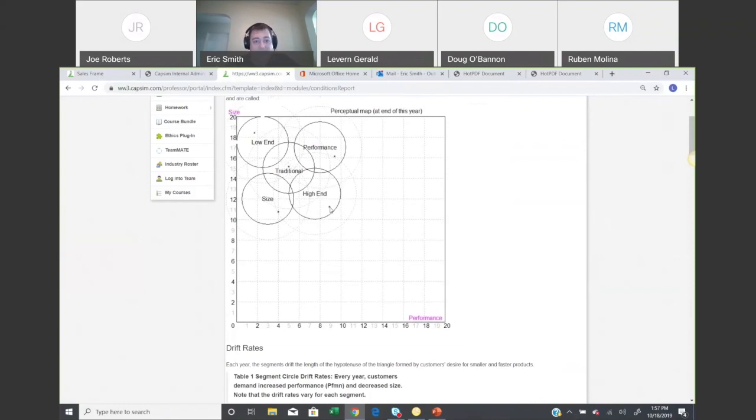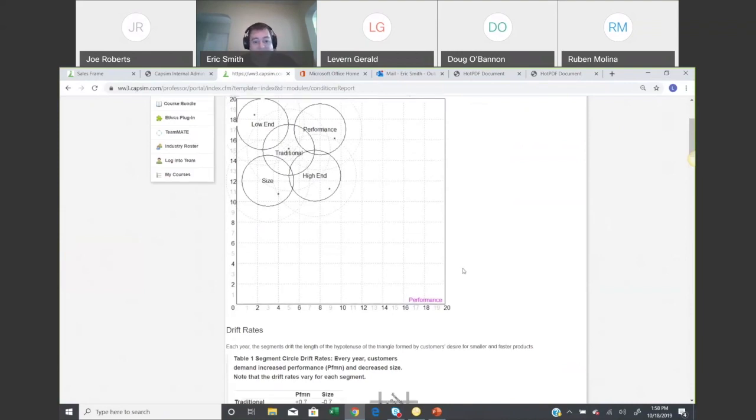That's the leading edge. In low end, it's closer to the top left. They really don't care about positioning in low end. Traditional, they're just looking for something proven, right? That iPhone 6 that was released years ago is probably more of a traditional product at this point than high end. It's kind of run its life cycle.